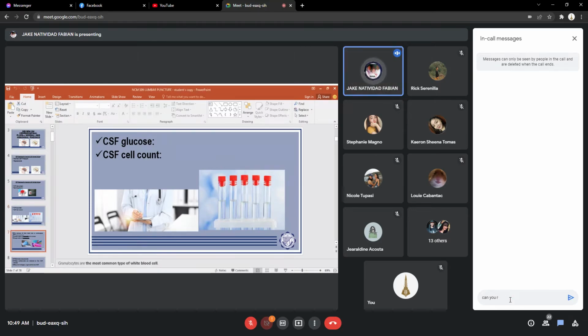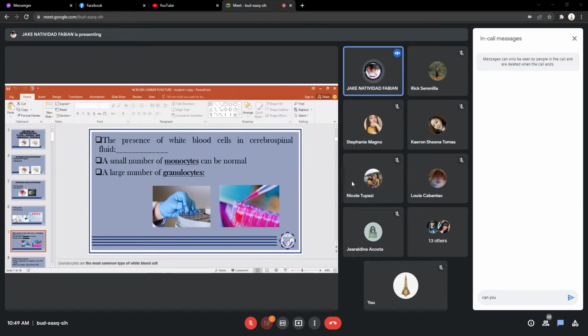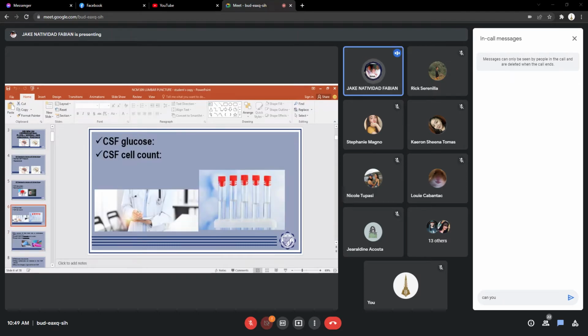I repeat, your normal CSF glucose is about 50 to 80 mg per dl. Your normal CSF cell count, there should be no red blood cell count, but your WBC count should only be about 0 to 5. Okay, let's go.